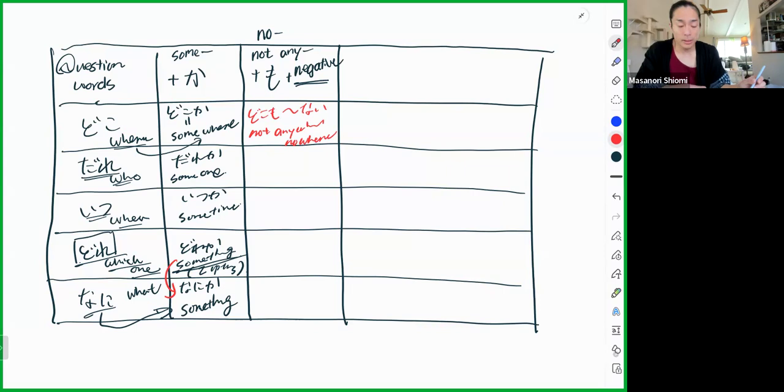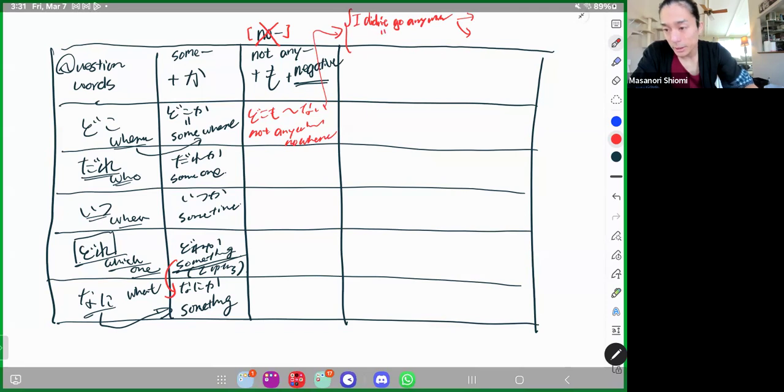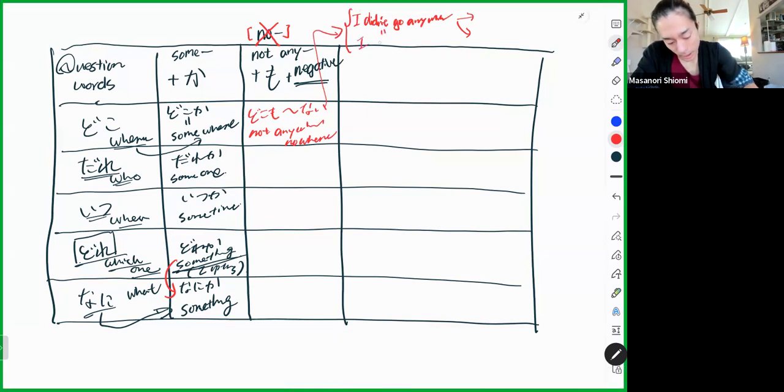I did explain that I don't recommend you memorizing this no version. Why? Because, well, I didn't go anywhere can be paraphrased in English by saying I went nowhere, right?